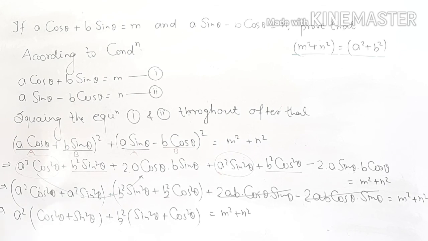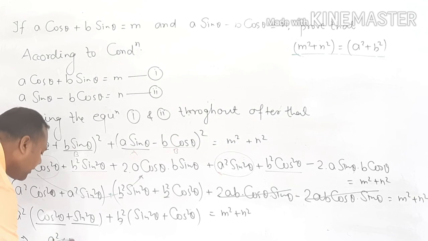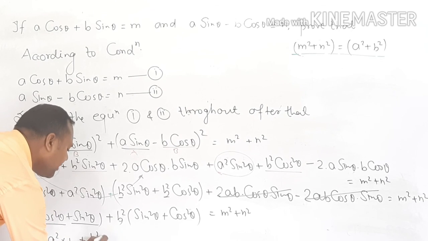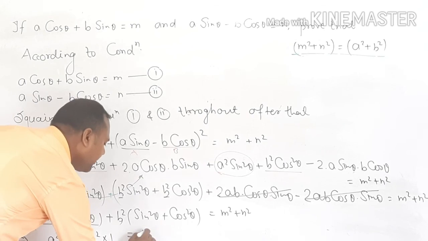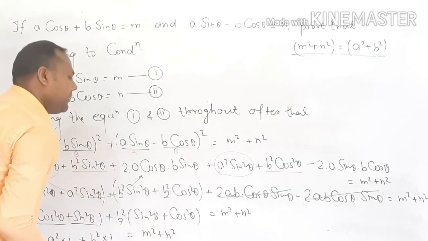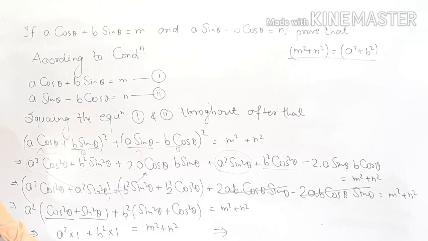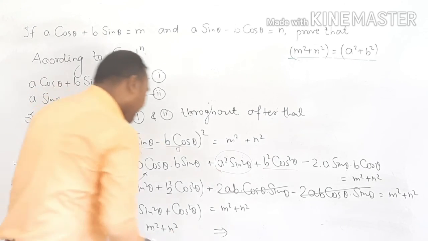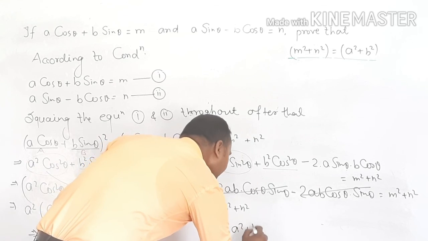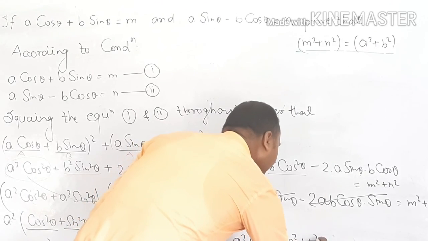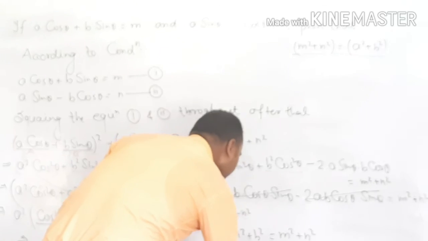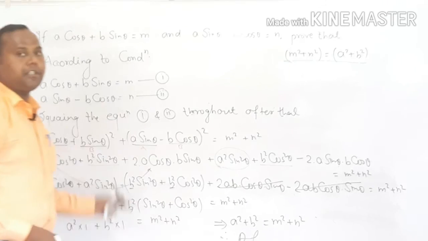We already know that cos square theta plus sin square theta means 1, that means a square into 1 same as b square into 1, equals m square plus n square. So a square plus b square equals m square plus n square, that means proved. You can take a screenshot.